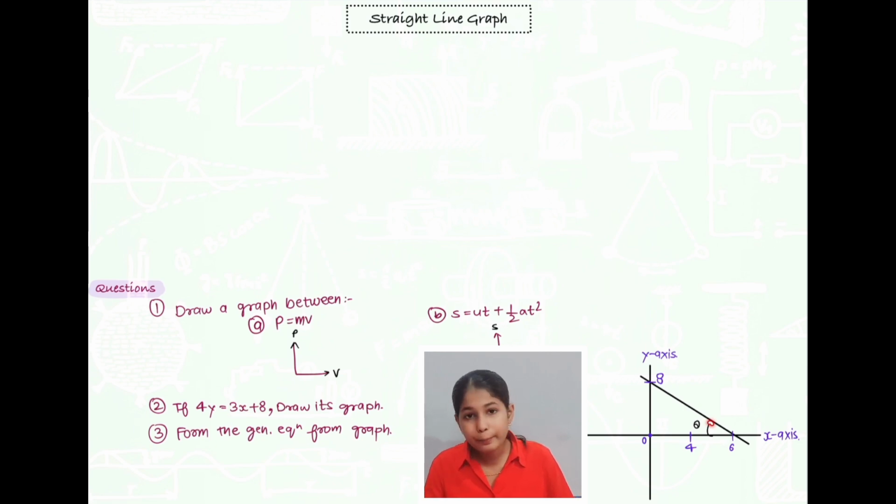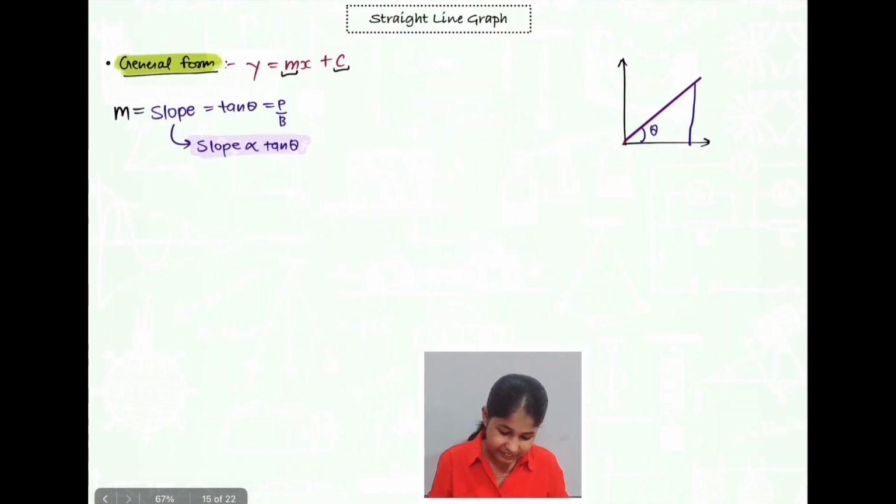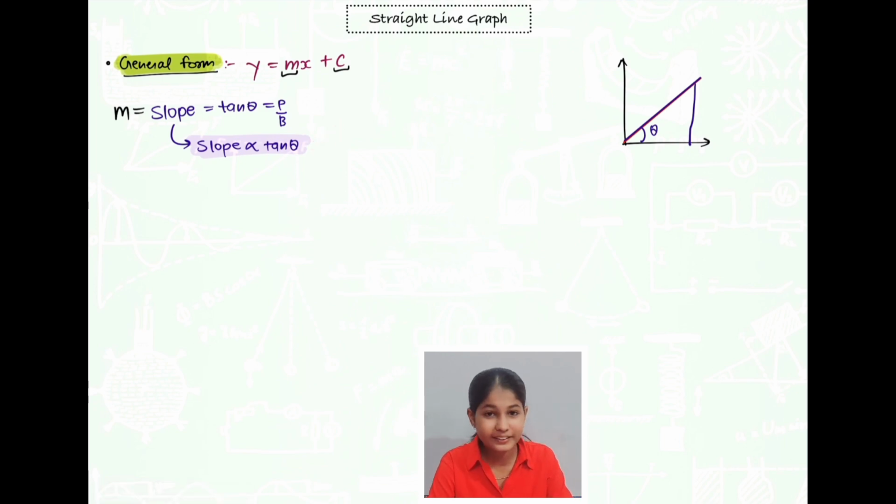So how am I going to find the value of theta? It is only with the help of tan theta. Yes, I am going to find out the value with the help of tan theta. Now it will go into trigonometry, but we are going to solve this question, so please wait. There is a lot of significance of this tan theta, so don't underestimate it.